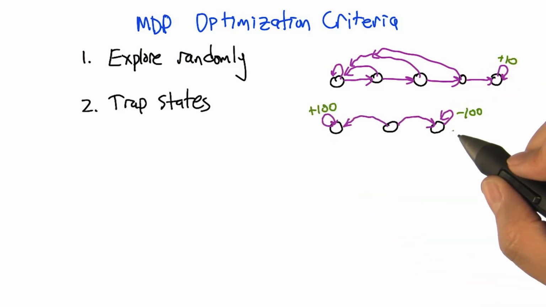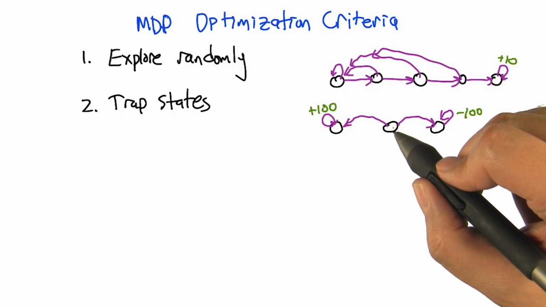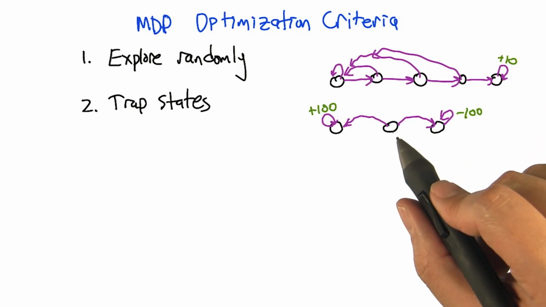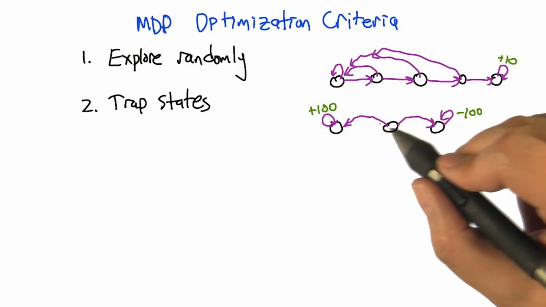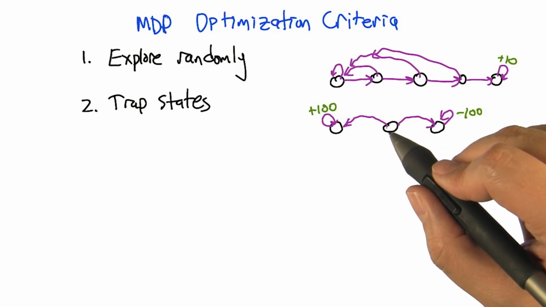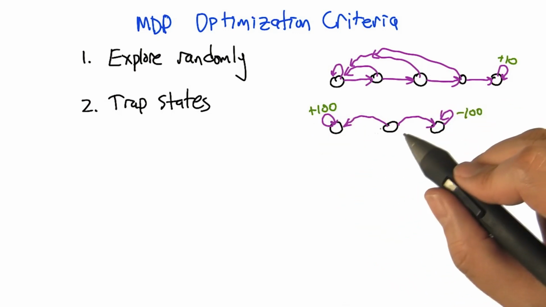For example, in this MDP, it's not really clear what to do from this state. From which state? That state? No, it's pretty clear what to do from that state. Go left. Oh, okay, sure. No, I mean, in the reinforcement learning setting, we have just 2 actions. If we choose wisely, as you just did, then we end up in this state and we get reward, and that's yay.